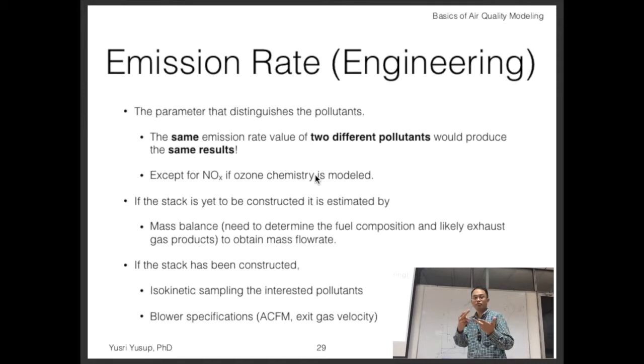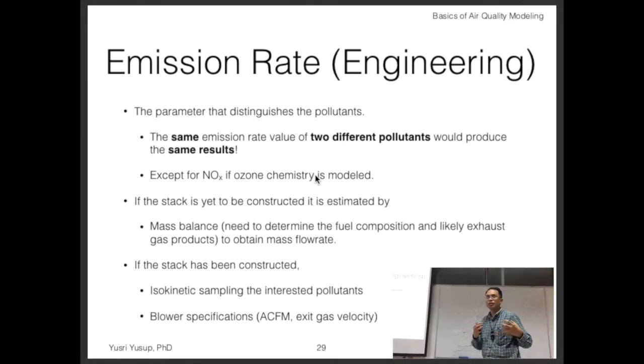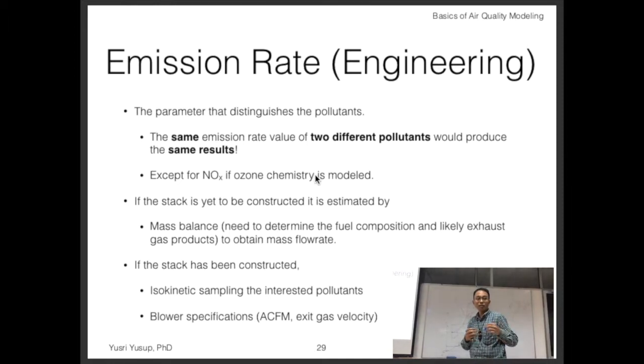PM 2.5, CO, sulfur dioxide, nitrogen dioxide, and so on. The only difference between these, right, is the emission rate. There's nothing else, because this model doesn't change with the pollutant. The only thing that you can add to the model that discriminates between the pollutant is the emission rate.